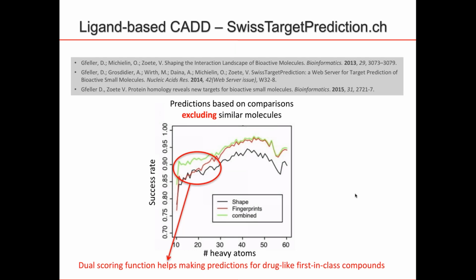As you can see here, for molecules of a drug-like size that are very new in terms of chemical structure, the combination of the two scoring functions allows us to make relevant predictions in difficult cases also.